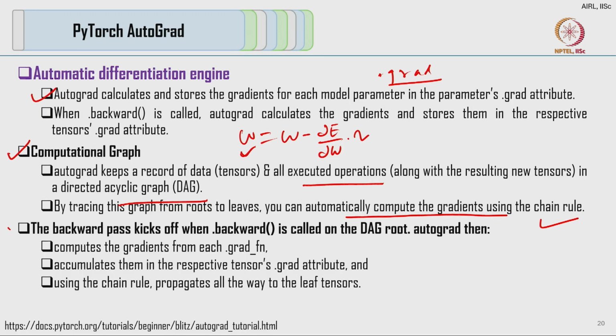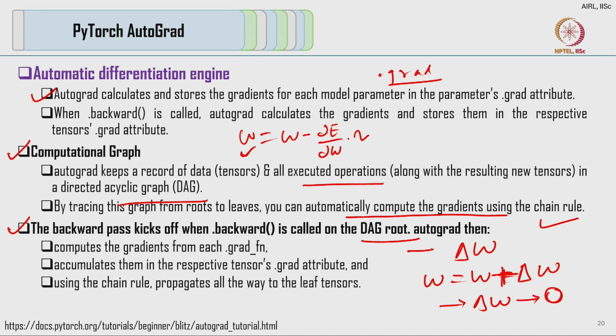When the backward pass is run using this graph, it computes the gradient, which is the delta W, and it essentially updates the weight. Once it has updated the weight, it would try to make the delta W as 0. So this is just to initialize it to 0, right.